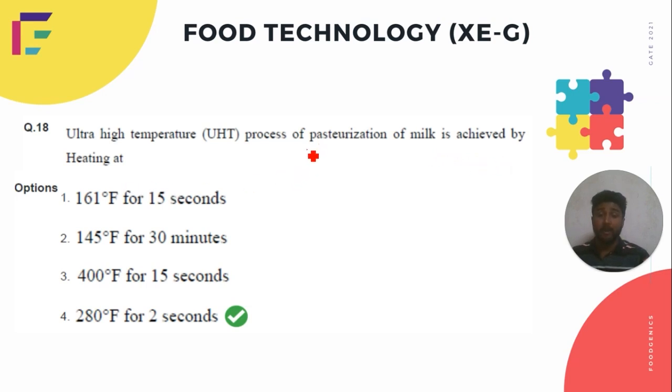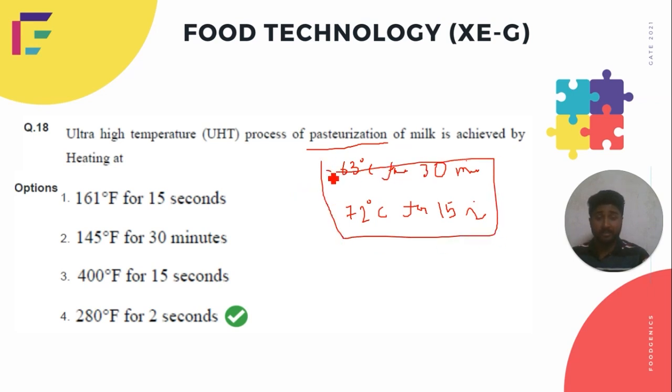So generally by pasteurization we know that the time temperature combination is either 63 degrees Celsius for 30 minutes, or your 72 degrees Celsius for 15 seconds.